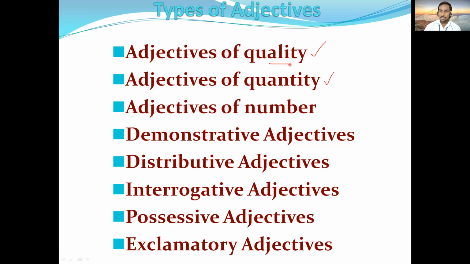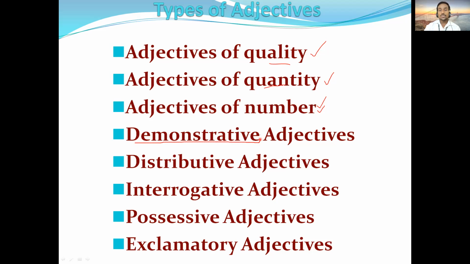Quantity is not an exact number, but refers to amounts like some, all, few, many. Number refers to the exact number: it can be 1, 2, 3, 4, 5, or first, second, third, last. In the following slides we will see them in detail. Then we have demonstrative adjectives.